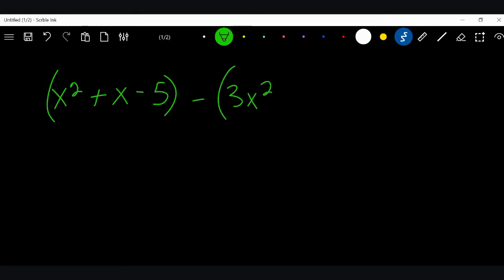All right, so now the only trick here is if we have a subtraction sign in there, we have to distribute the subtraction sign. So x squared plus x minus 5, that's our first polynomial, minus 3x squared plus 7x minus 14, this is our second polynomial. The only trick with this, because notice, now I have a subtraction sign.